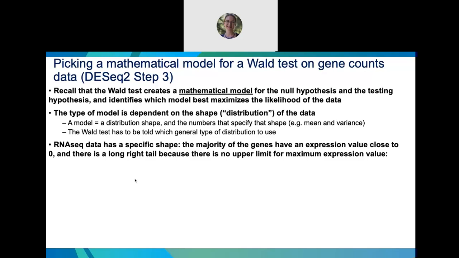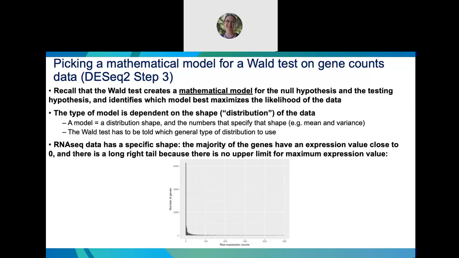Because just the nature of RNA sequencing data is that the majority of genes end up having an expression value close to 0. When you plot out all the expression values in an RNA sequencing data set, there's a really long right tail because there's also no upper limit for maximum expression value. Because we're just measuring gene counts, we're just asking the cell how many counts were there for this gene.